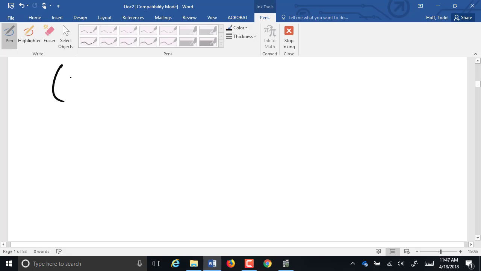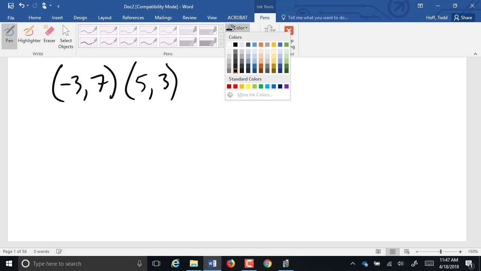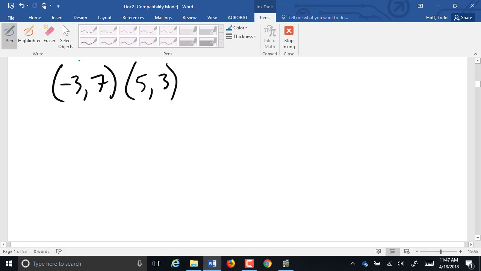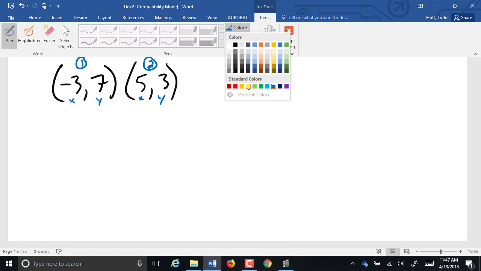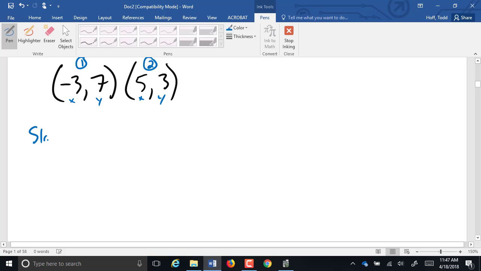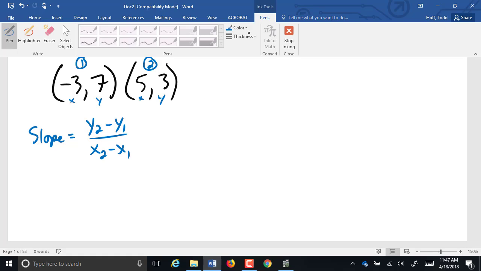We might have negative 3, 7 and 5, 3. I usually just label them as they sit, point 1 and point 2. Of course, x and y, we don't necessarily have to write those in, but we'll do it for now. Our slope, of course, is y2 minus y1 over x2 minus x1.